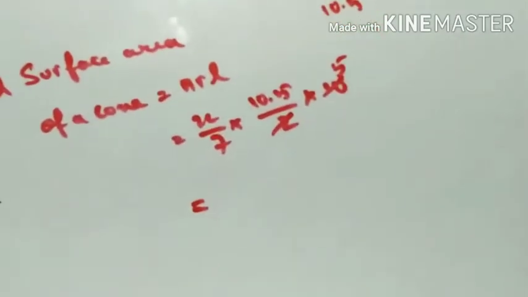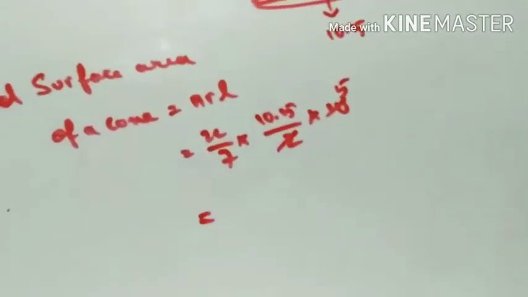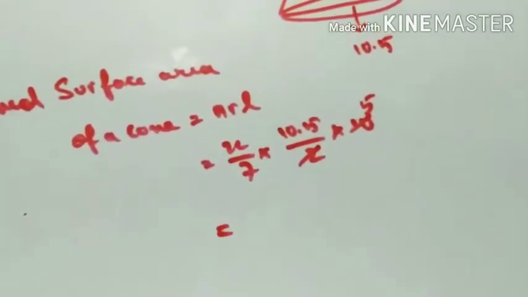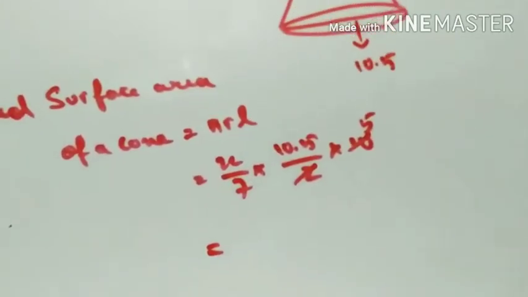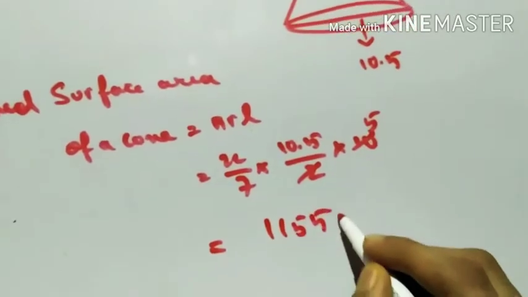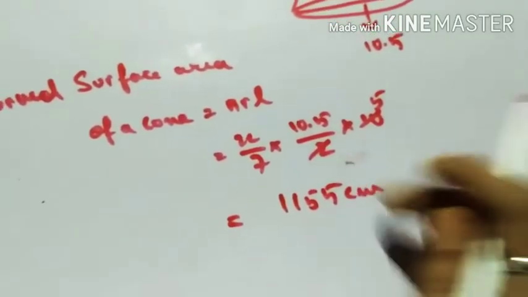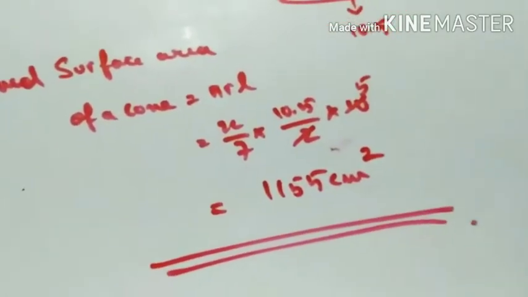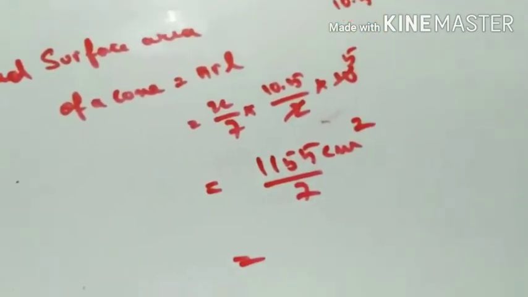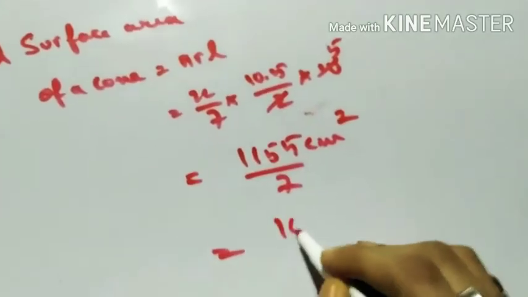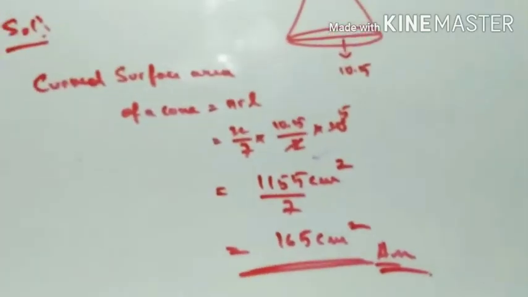Let's see how much I will get. 22 into 10.5 into 5 is equal to 1155 centimeter square. Divided by 7, I will get 165 centimeter square. This will be my answer.